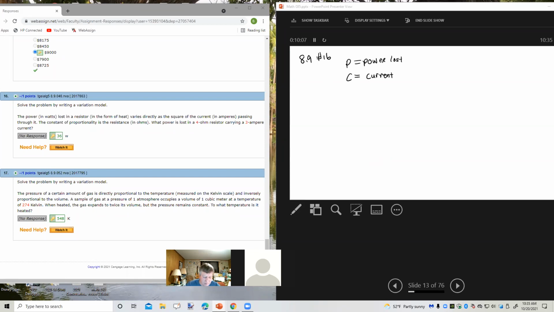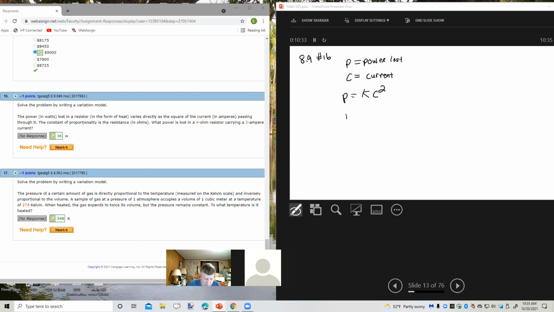Okay, so the power varies directly as the square of the current. So we get P equals KC squared. Okay. And then it says, what power is lost in a 4 ohm resistor?